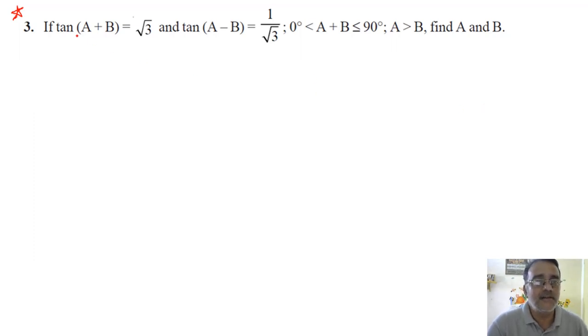According to the given value, if it is 90 degree, then also we have to write 90 degree. So it is not mandatory that it is an acute angle. Its range will be greater than 0 and less than or equal to 90.